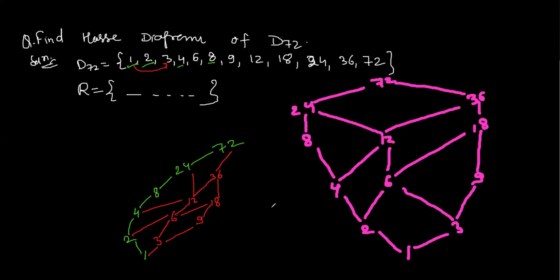Now you can check every pair. 4 also divides 36, right? Now see, 4 is connected with 36, right? Yes. 6 divides 24. See, 6 and 24 are connected. This is the Hasse diagram. Understood? Yes.